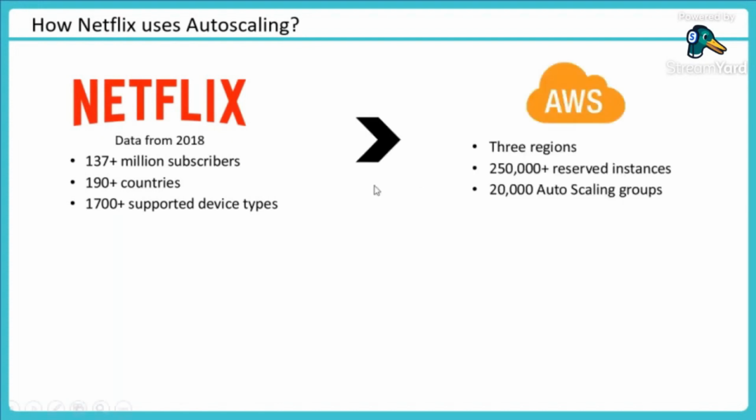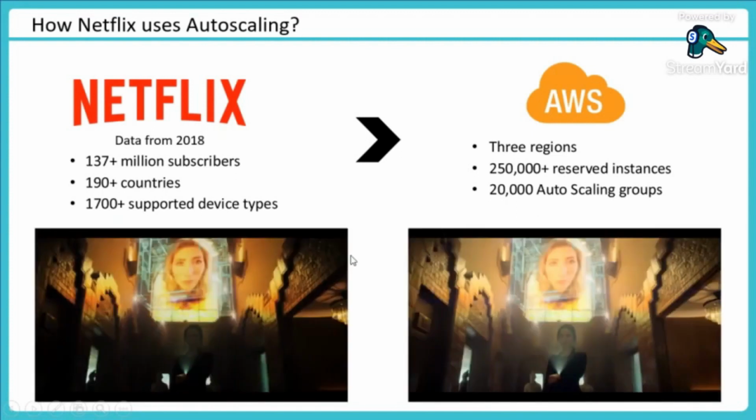And how did they leverage AWS? They were using 3 AWS regions, and see the number: 250,000 reserved instances. These many EC2 machines they were running, and they had put them together into 20,000 auto scaling groups. What you see here at the bottom are two pictures. One on the left is a little dark, one on the right is a much better picture.